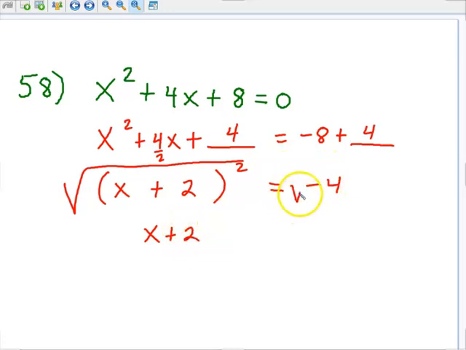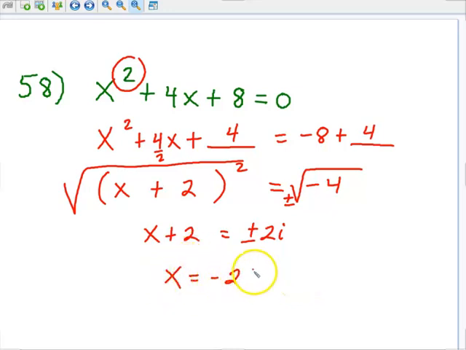And if you do the square root of both sides of an equation, remember we're looking for 2 answers. The degree of the polynomial will tell us how many solutions we should end up with. And if you forget plus minus, you're only going to come up with 1 solution, and you're supposed to have 2. So plus minus is very important. So the square root of negative 4 is 2i.